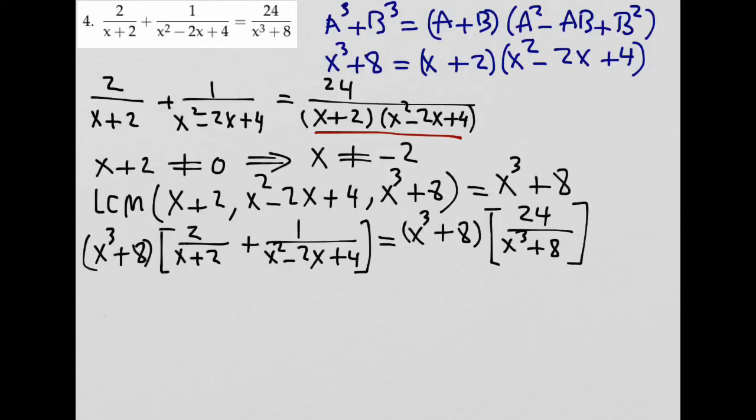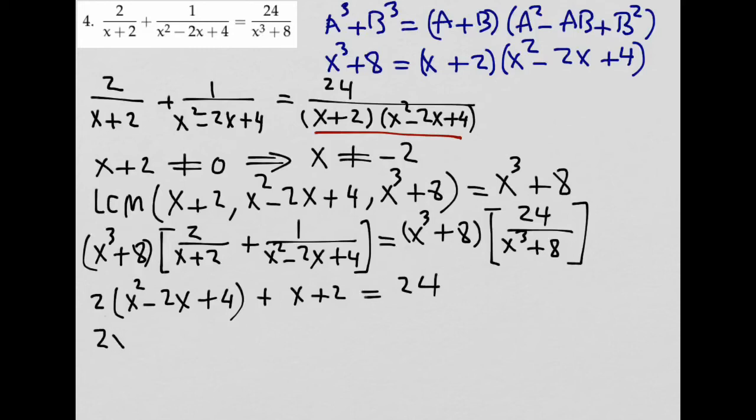On the left-hand side, x cubed plus 8 times 2 over x plus 2 is 2 times x squared minus 2x plus 4. X cubed plus 8 times 1 over x squared minus 2x plus 4 is simply x plus 2. On the right side, x cubed plus 8 times 24 over x cubed plus 8 is 24.